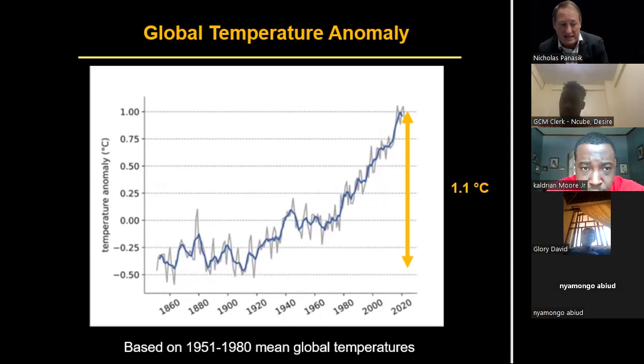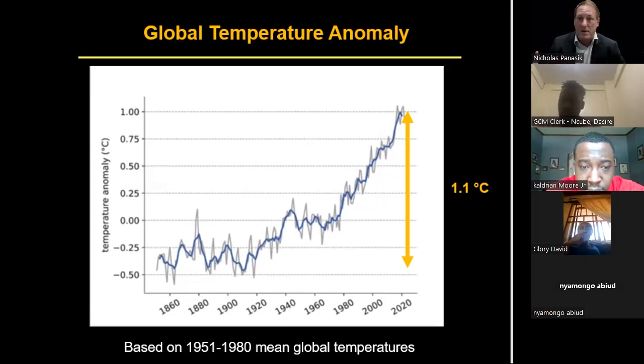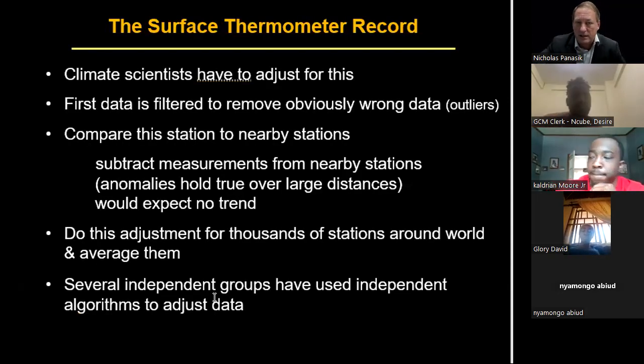People are adjusting the data. I've seen several articles claiming that global warming is a hoax, because scientists are adjusting the data to make it look worse, to emphasize global warming. It's interesting because the adjustments tend to go in the opposite direction. The key here is that it's not just one scientific group.